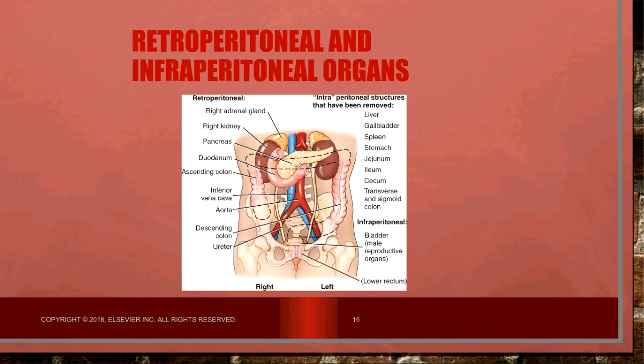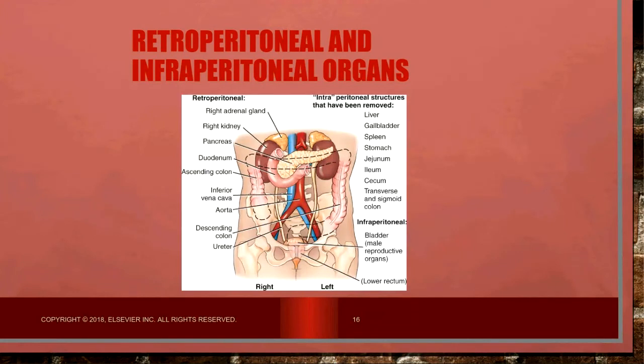Then you have certain organs that lie retroperitoneal, or behind the peritoneum, like your kidneys, ureters, the adrenal glands, the pancreas, the C loop of the duodenum, the ascending and descending colon, the portion of the upper rectum, and major abdominal blood vessels like your aorta and inferior vena cava. And then you have things that lie infraperitoneal, and the things that are infraperitoneal mean that they lie below the peritoneum.